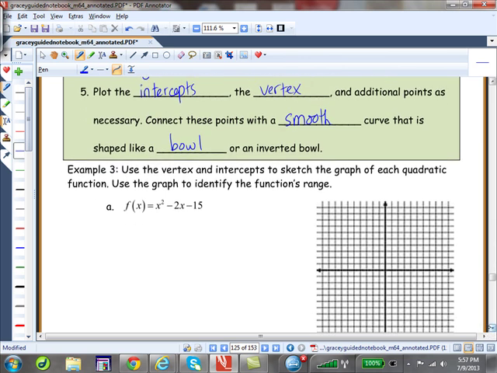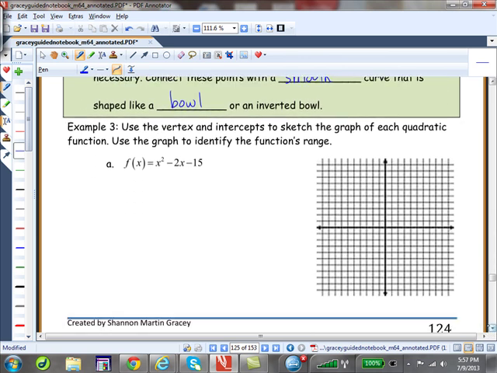Alrighty, so here we go. A is 1, B is -2, C is -15. So first step, A is 1, which is greater than 0. So that means it opens, good, upward. Step 2, finding our vertex.